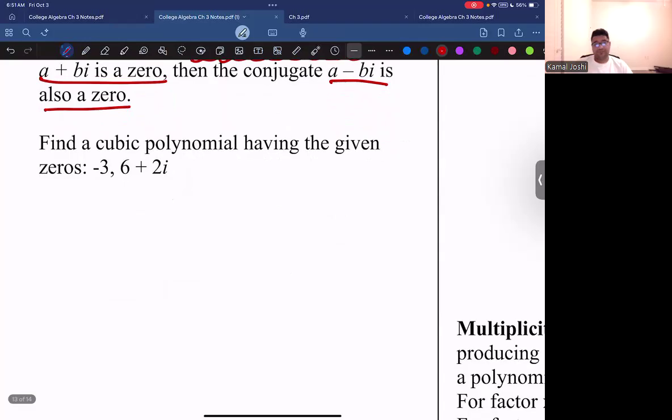Now, if that is the case, we are asked to find a cubic polynomial having the given zeros. I'll add an adjective here: real. A real cubic polynomial means a cubic polynomial with real coefficients. And the solution would be this.